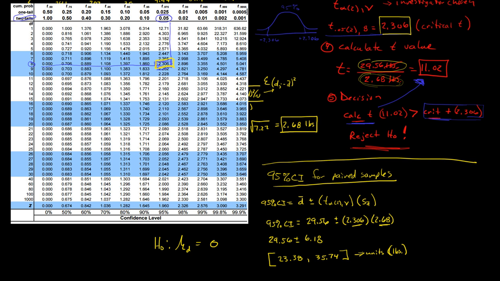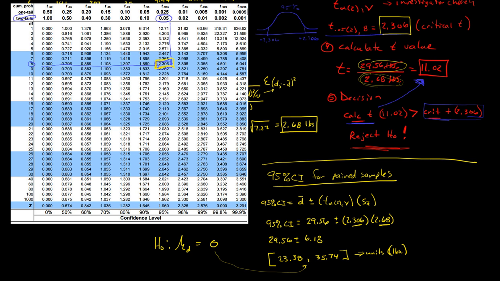If 0 is a member of this confidence interval, then it's likely that the difference in the population is 0. As you can see here, 0 is not between 23.38 and 35.74. The actual difference in the population is going to vary from 23.38 to 35.74, and because 0 is not a possibility inside of this interval, we're rejecting the null.